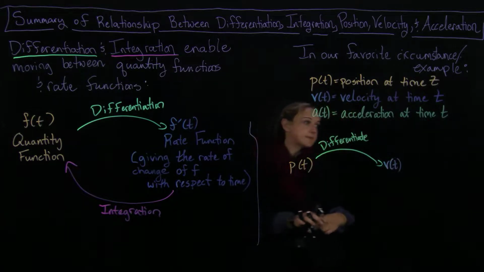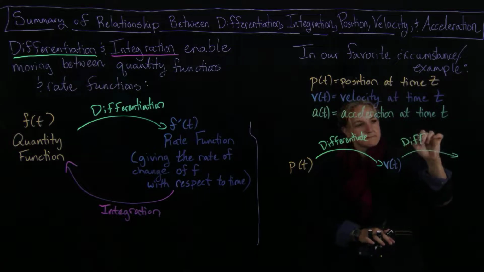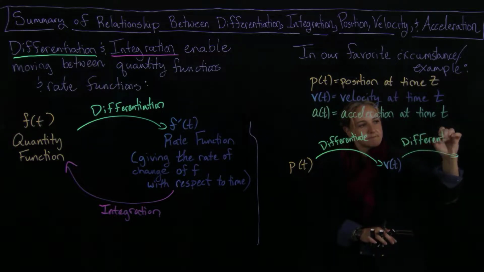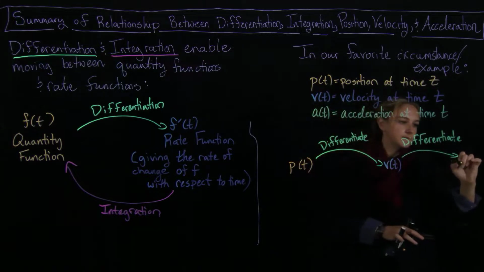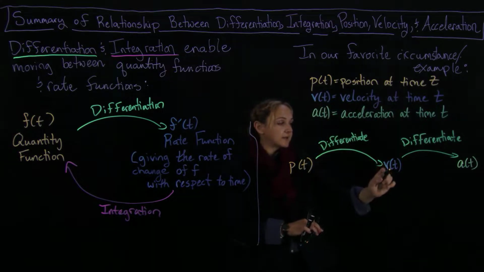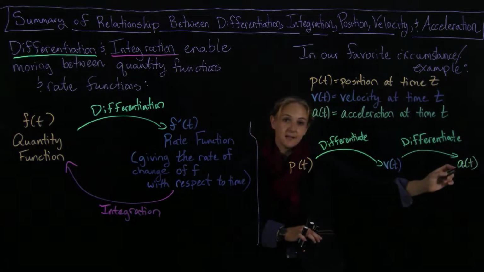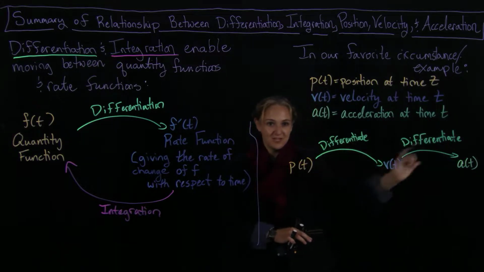And if I kept differentiating, I would land myself at acceleration. So if I differentiate position, I end up at velocity. If I differentiate velocity, I end up at acceleration. If I want to get from position to acceleration, I differentiate twice.